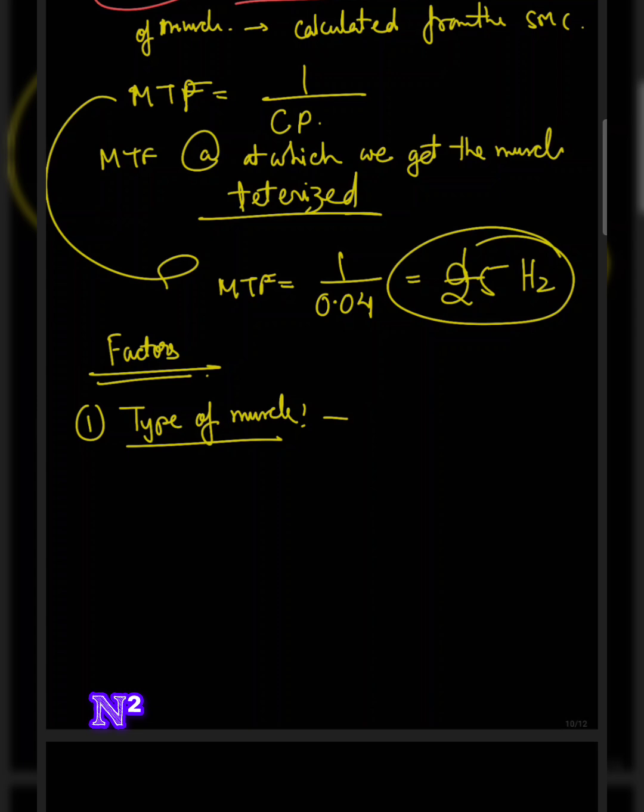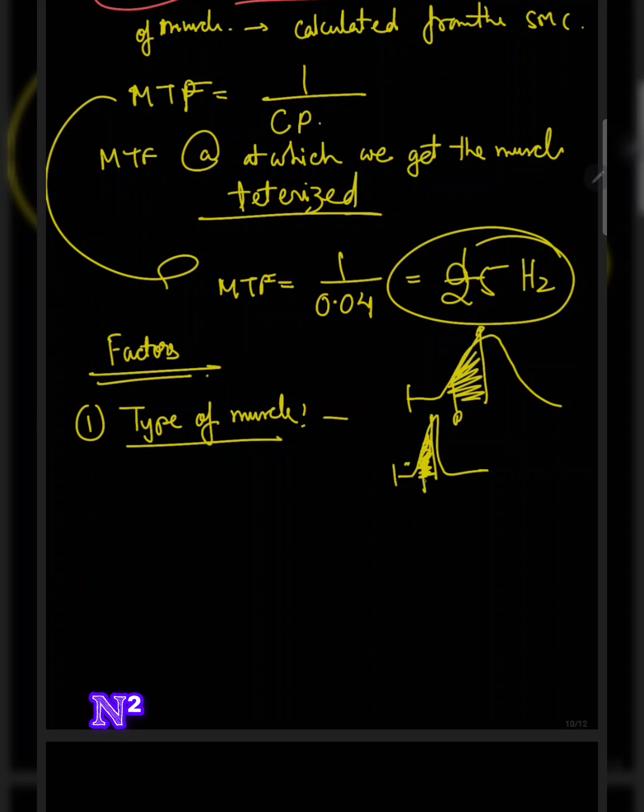In a slower muscle, the muscle will be in a slow sustained contraction, so there will be a longer contraction period. The contraction phase will be longer, so we might need a lesser frequency of stimulation for achieving this. Whereas in a fast muscle where the contraction phase is shorter, we might need a higher frequency.